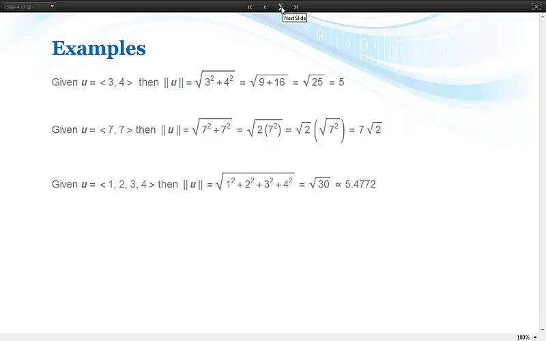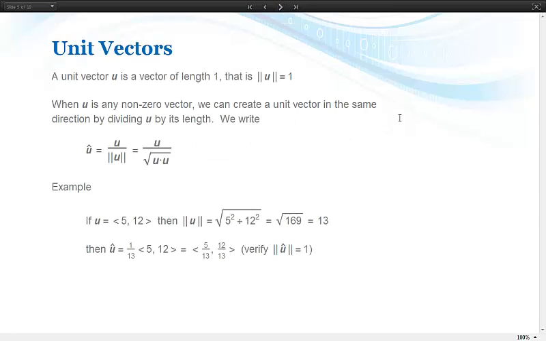So one way to use the length of a vector is to create what's called a unit vector. A unit vector is simply a vector of length 1. That is, it has, using this symbol, the norm of u is 1. It's not too hard to see that if u is any non-zero vector, we can create a vector of length 1, a unit vector, in the same direction by simply scaling u by 1 over its length, that is, dividing u by its length.